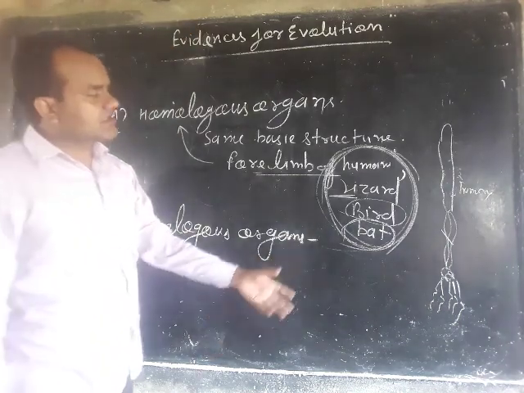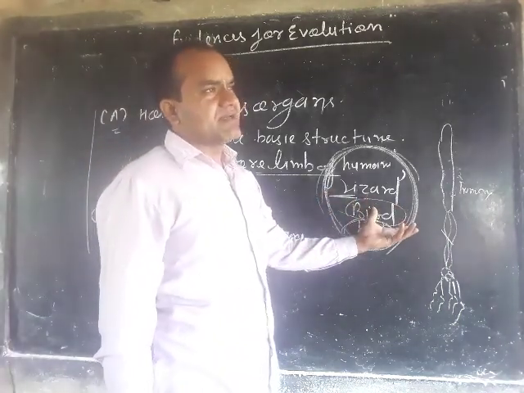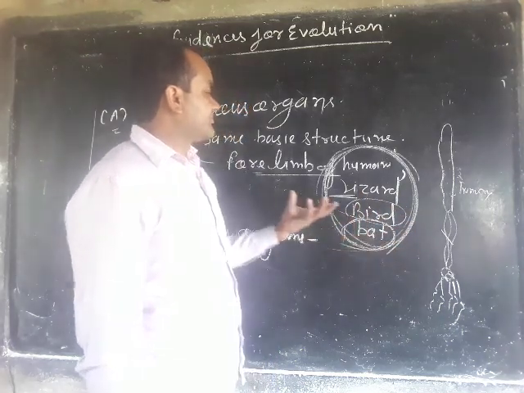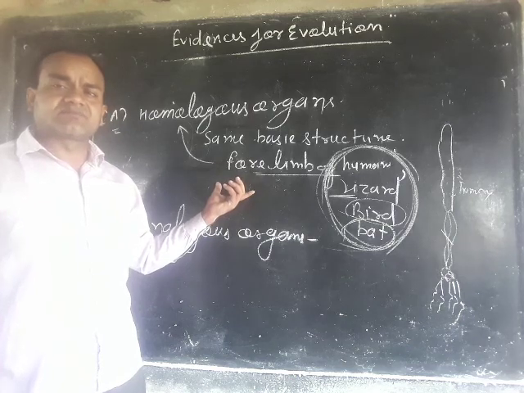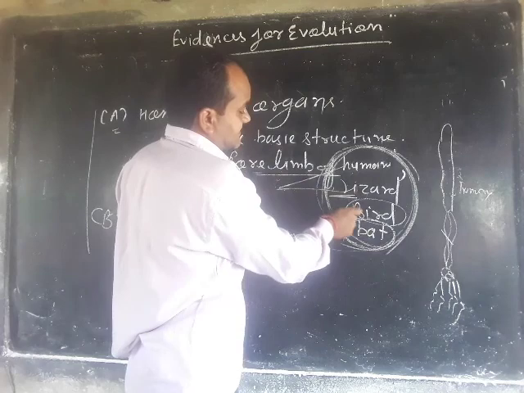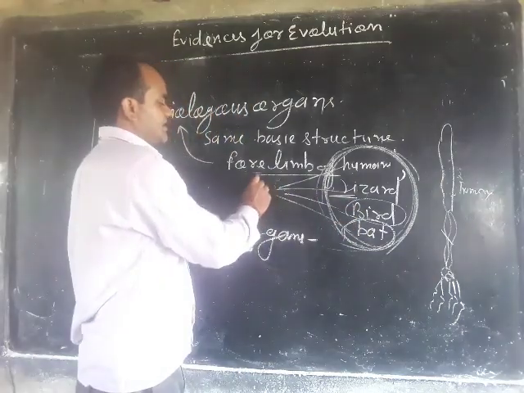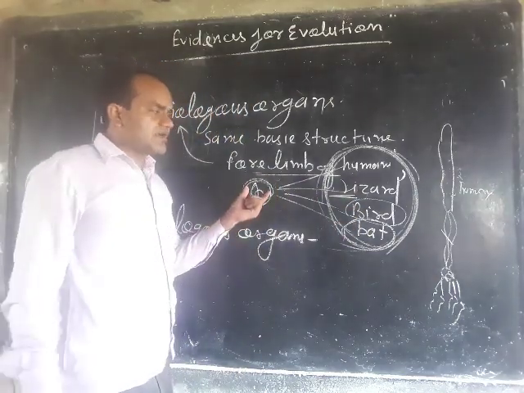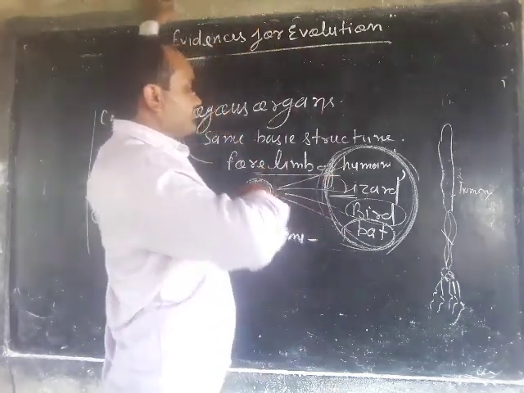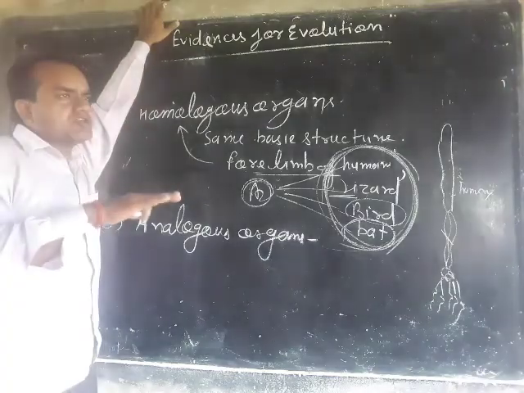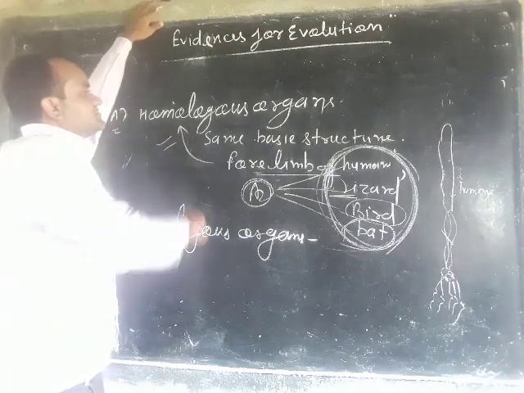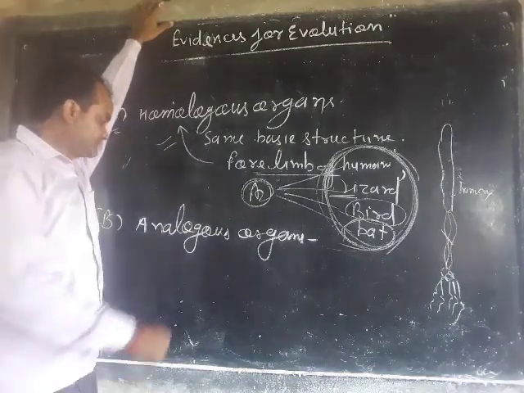So the basic origin and structure are the same, but their functions differ. So they evolved from a common ancestor and spread out into different forms and functions, known as homologous organs.